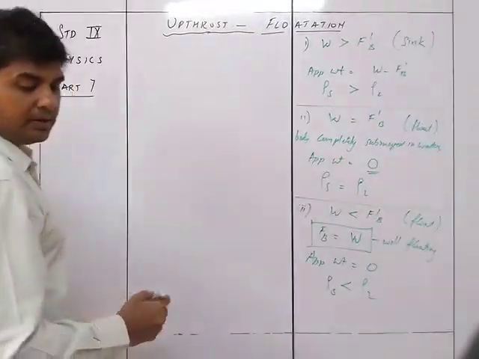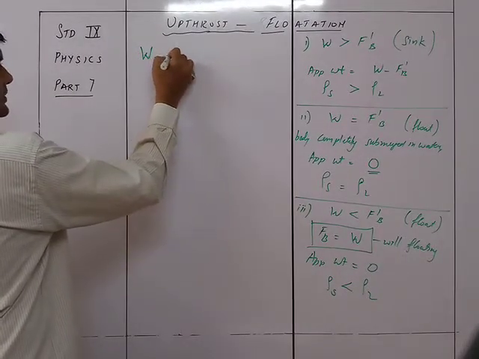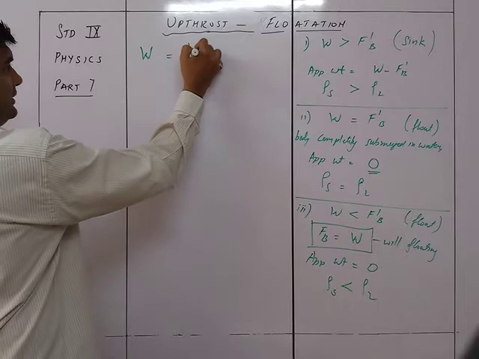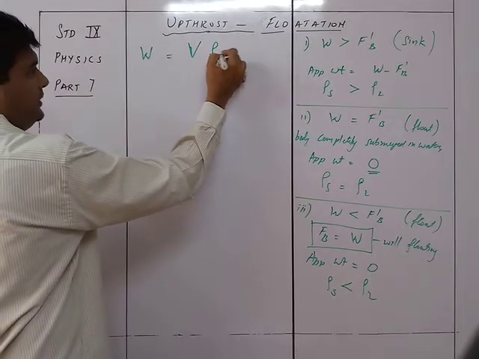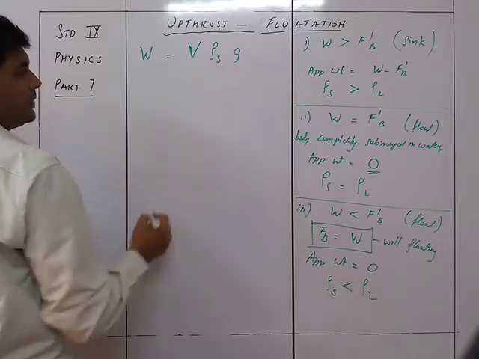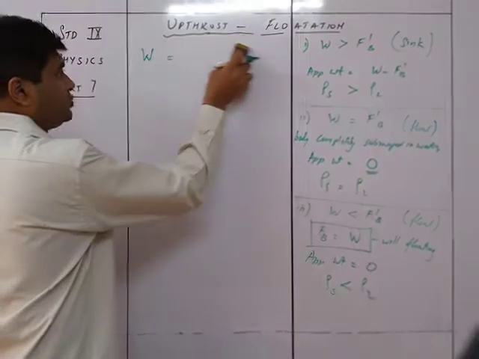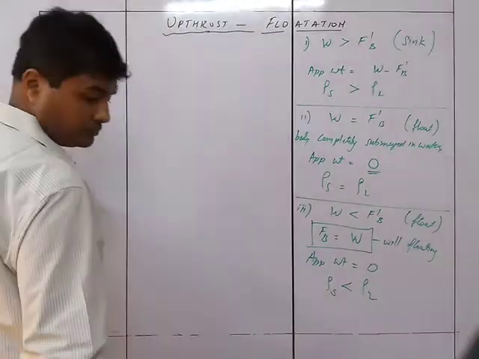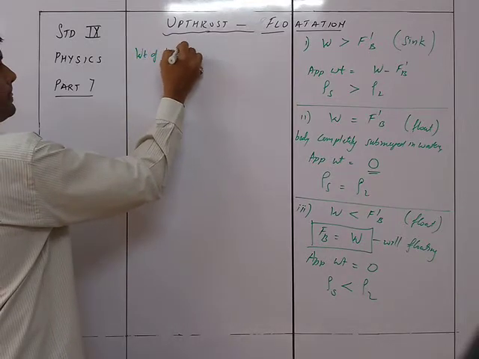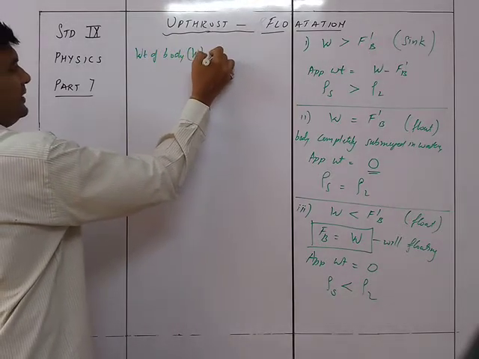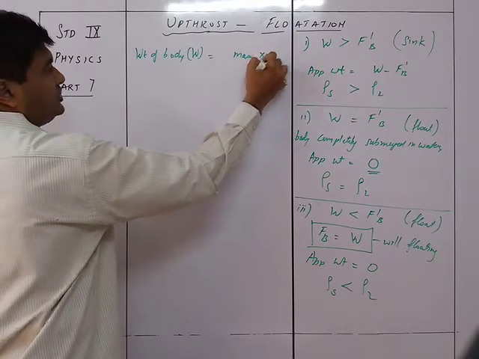We have the weight of the body, W is equal to V, that is capital V, the volume of the body, into density of the solid into g. Or to make it clearer, weight of body W is equal to mass into g.